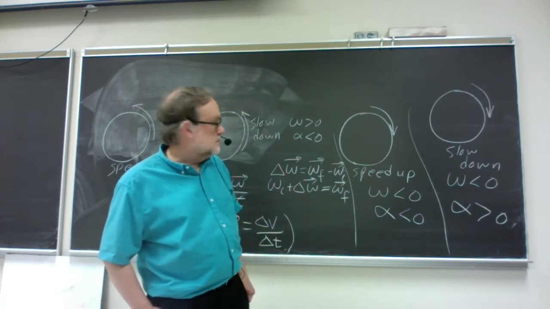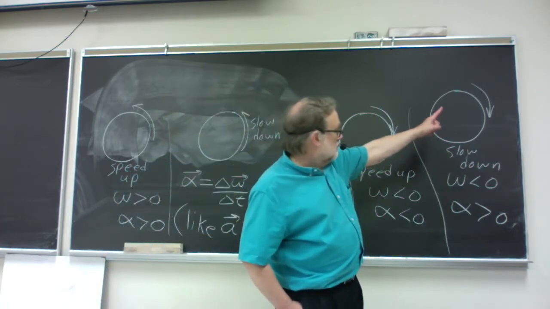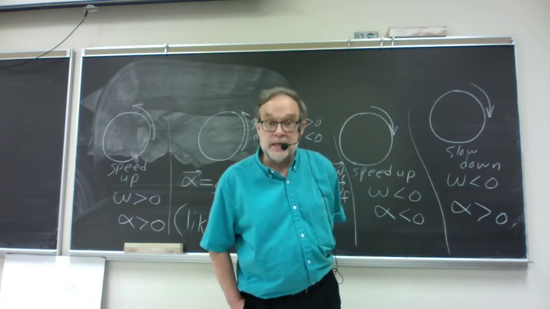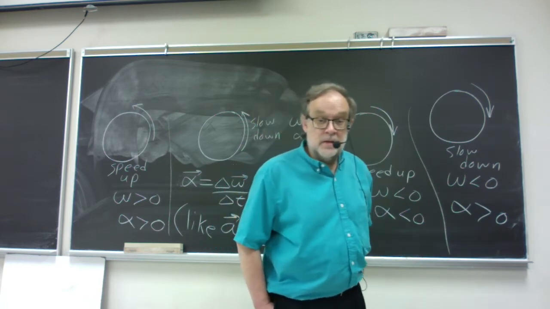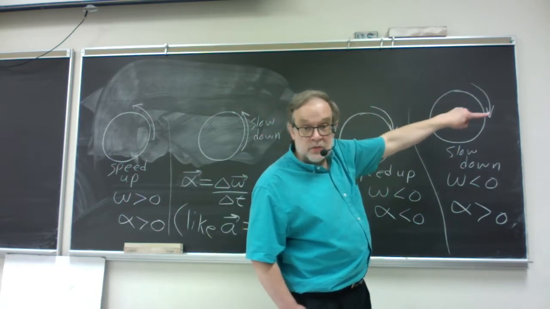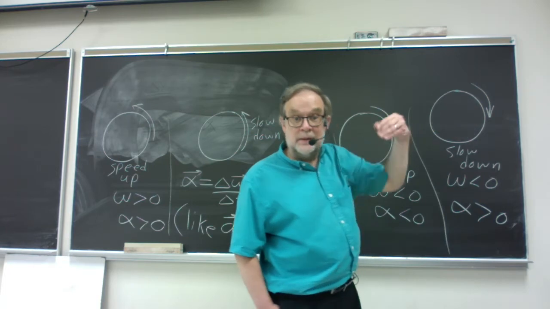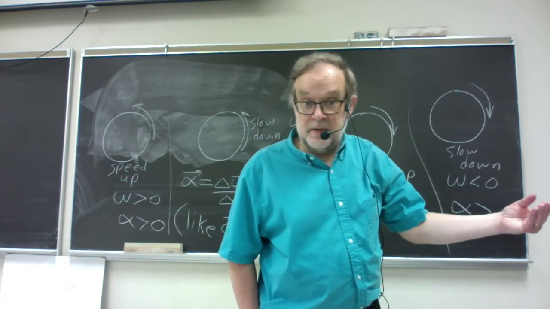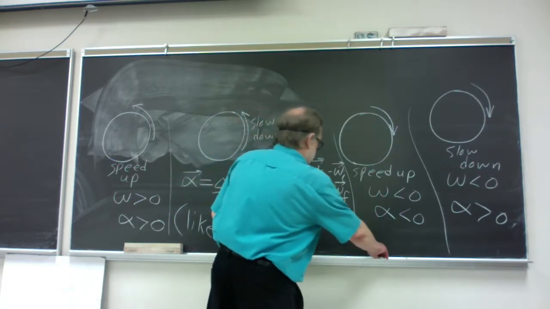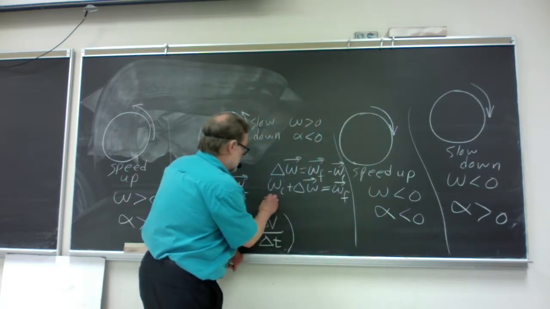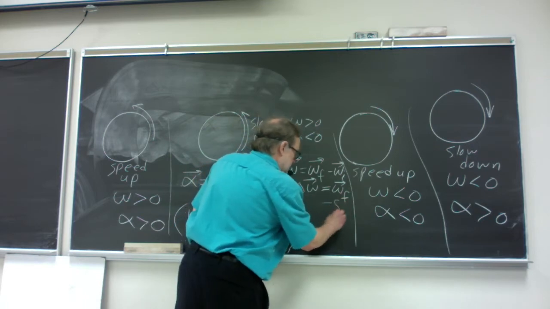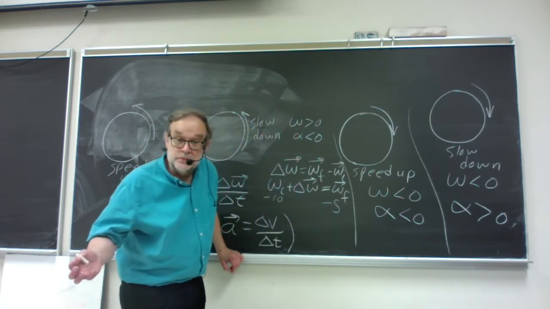negative. And on the other hand, rotating with negative angular velocity but slowing down means as time goes by, you still have negative angular velocity, but less and less of it as time goes by. The initial angular velocity might be something like -10, and the final angular velocity might be something like -5.